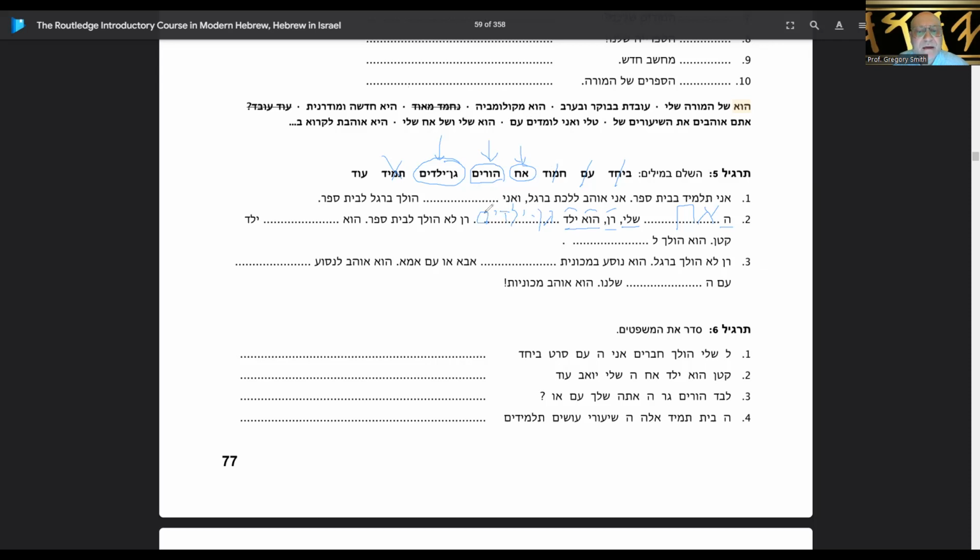Okay, I think I got it now. There we go. So I'm going to put actually Ron. So the brother belonging to me, my brother Ron, hu yeled gan yeledim. So it's going to be this one right here, Gan Yeledim. He's a kindergarten child. Ron lo holek, Ron does not go, I think it's lebeit sefer. He does not go to school.